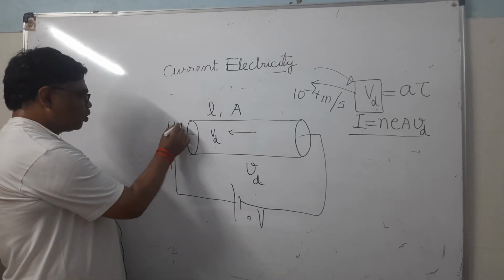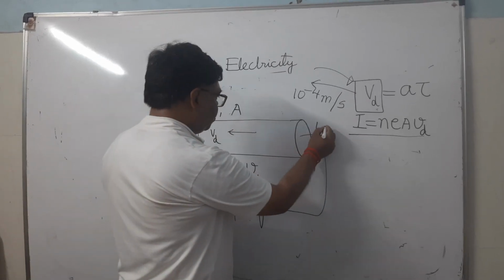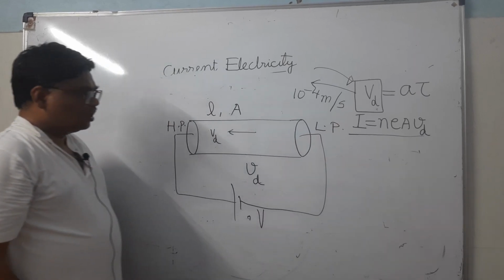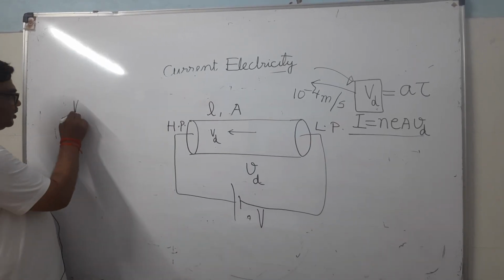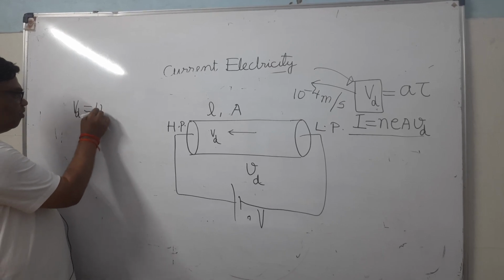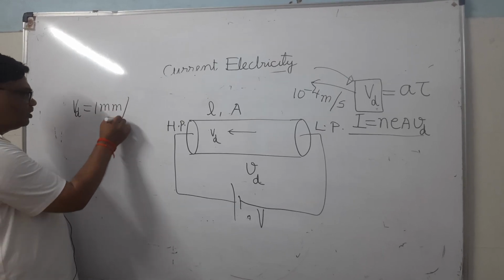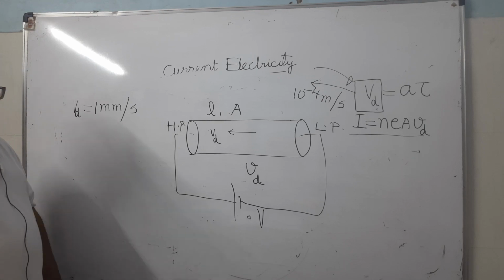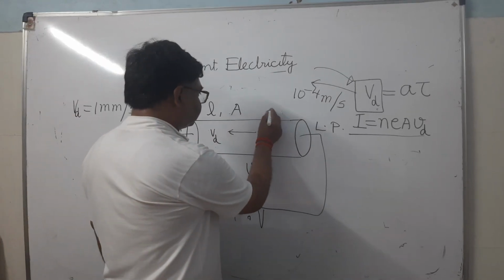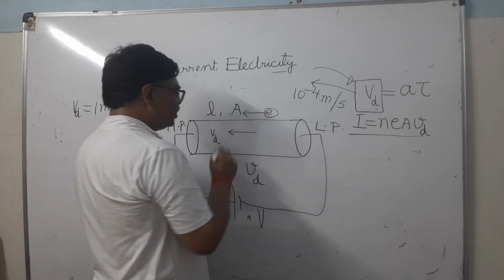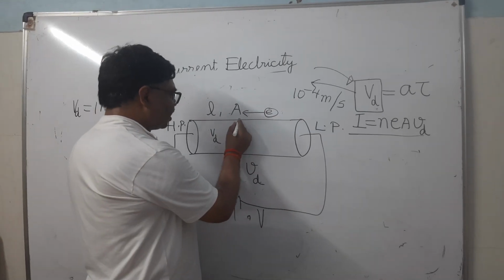This is the higher potential end, this is the lower potential end. Now what is the meaning of this? Suppose Vd is equal to 1 millimeter per second. Electrons are moving in this direction. You take this cross section.